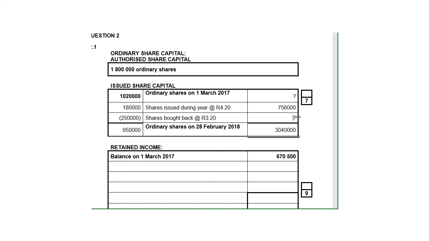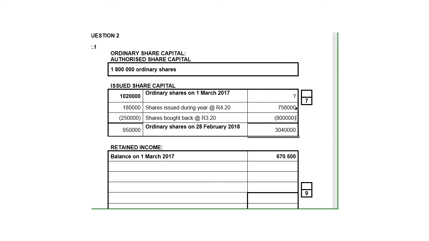Now I can work out what the total value for the shares bought back was. It's 250,000 multiplied by 3 Rand 20, and that gives me 800,000. But important, my shares will become less when I buy back, so I must minus the 800,000.